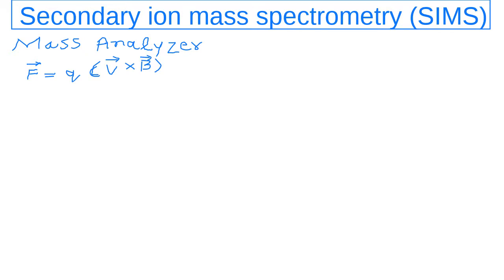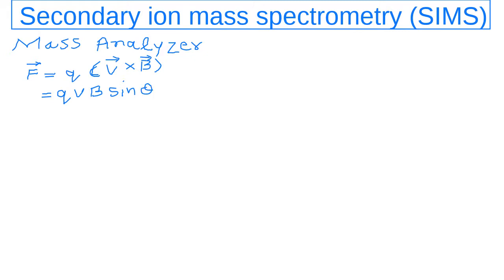If you take the magnitude, you would have Q V B sine of theta.